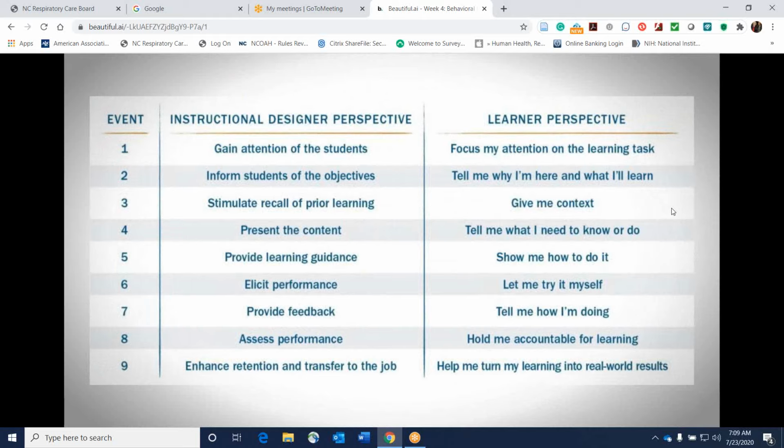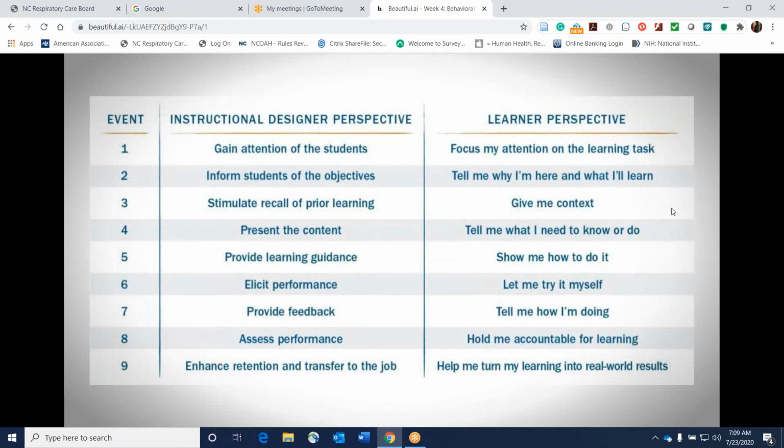As an instructor, the learner perspective is they want to focus their attention on the learning task. In other words, they want it to be relevant. Remember the why. That's in the second part. So they want to know why I'm here and what I'll learn. So your job is to inform the students of that objective or those objectives.